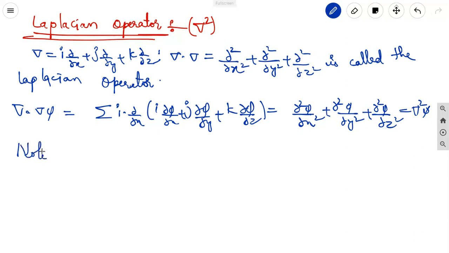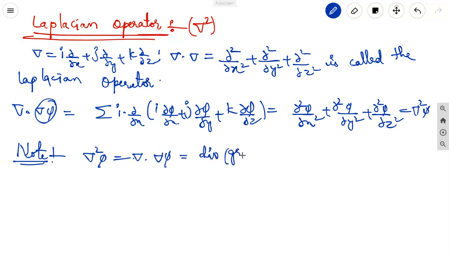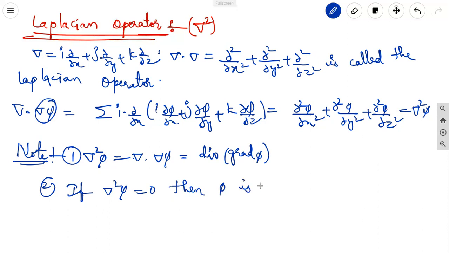To find this Laplacian operator, we know that del square phi is nothing but del dot del phi. Del dot means div, and del phi is nothing but grad phi. So del square phi is equal to div grad phi. It is the first relation with the operator and div grad. The second one: if del square phi is equal to 0, then phi is said to satisfy the Laplace equation.